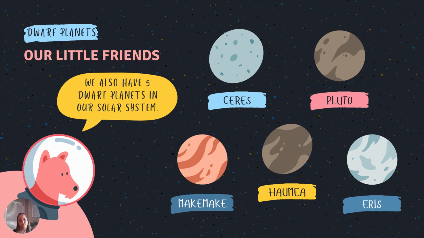So they find themselves in this dwarf planet category, but they're not exactly like an asteroid or something just floating around. So during that 2006 Astronomical Union meeting, they also made some criteria for what would be a dwarf planet instead of just a celestial body or an asteroid.